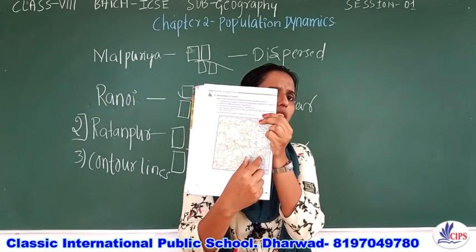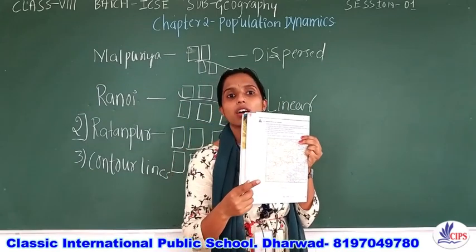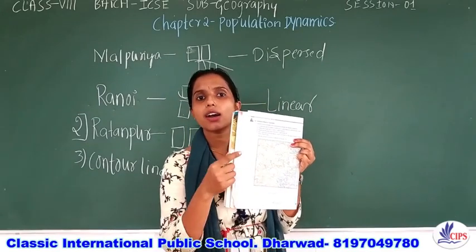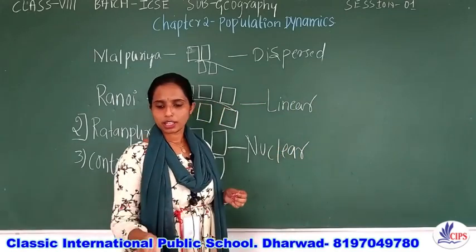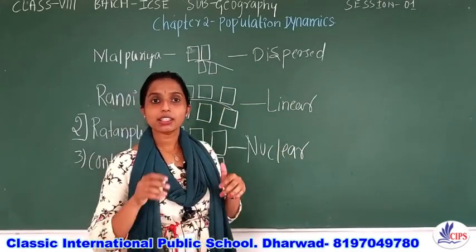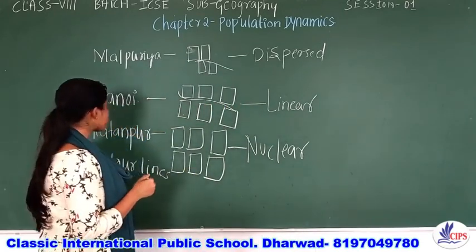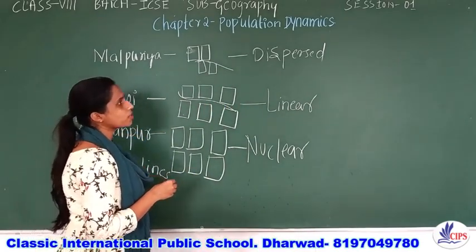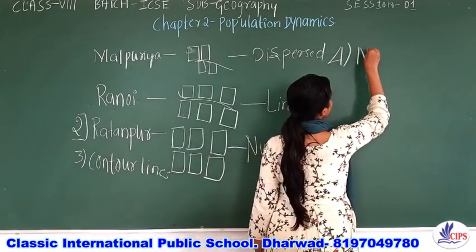That means this part must have a mountainous area, or it must have a steep slope. So we can say that that part contains a mountainous area or a mountainous region. That is question number 4.